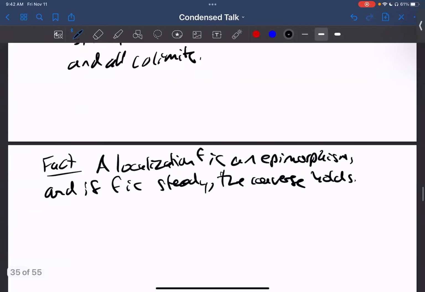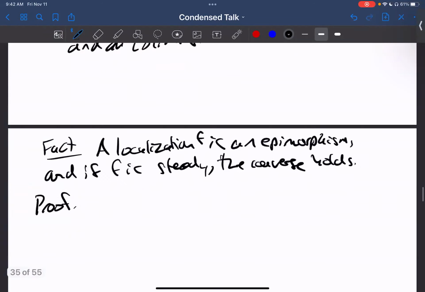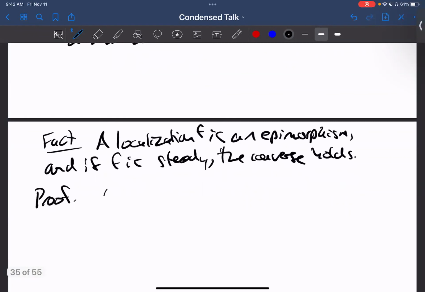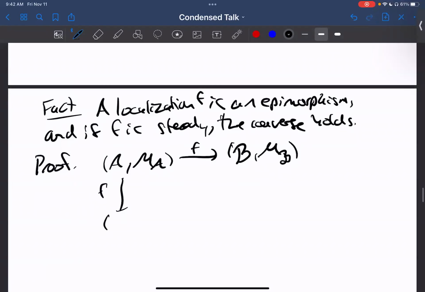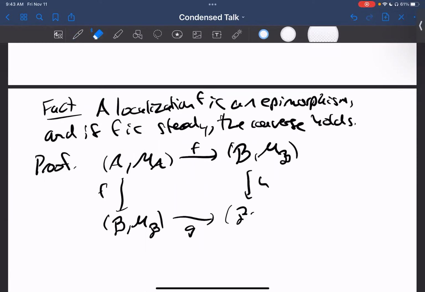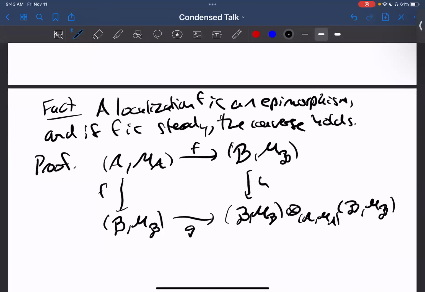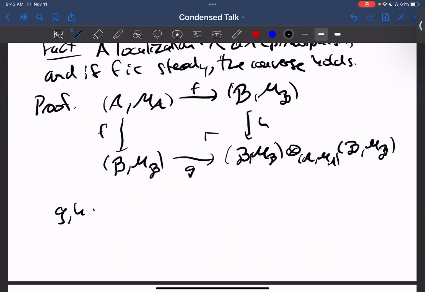So since we have a little bit of time, we can prove this. All right. So to say f is an epimorphism, what we're saying is that if we form this pushout diagram, then g and h are isomorphisms.